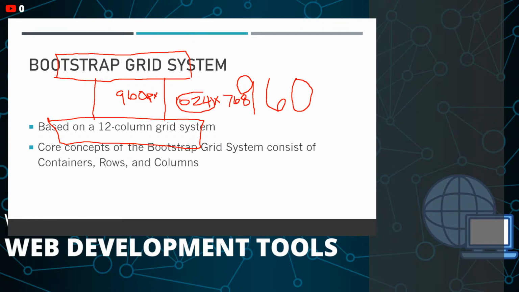So your standard home monitor in the early 2000s was 1024 pixels wide. And so we built everything on a 960 pixel static grid, because we could get everything into 12 columns of 80 pixels in a column, and it would all fit nicely into a window that was 1024 pixels wide.